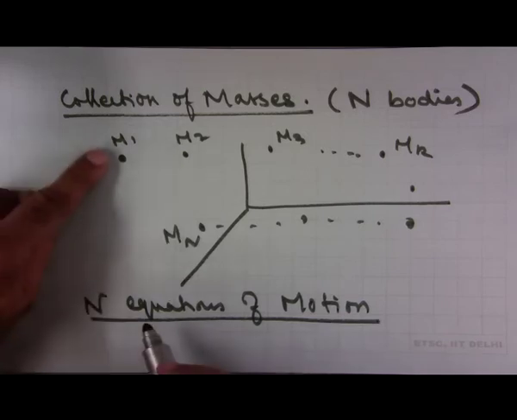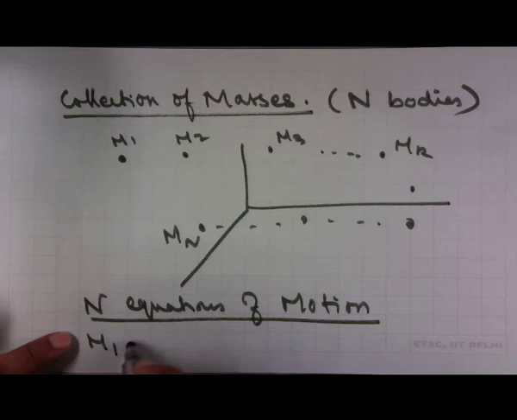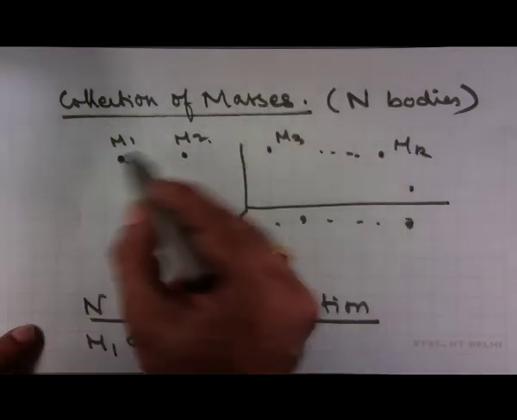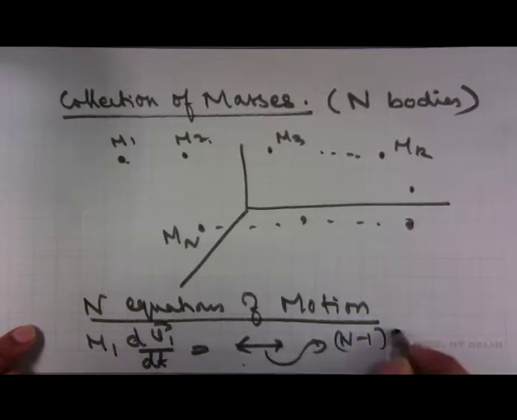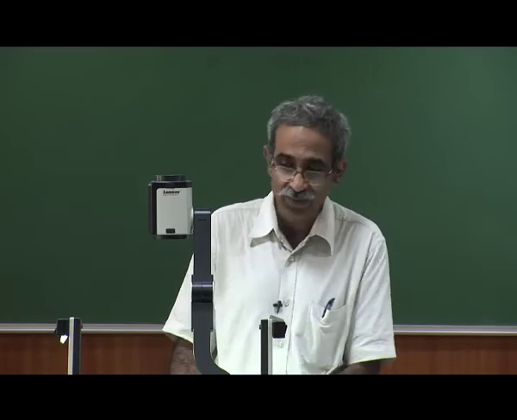So I am interested in M1. So I will write M1 dV1 by dt, that is the force, is equal to minus G M1 M2 by R12 squared, unit vector, M1 M3 etc. And the right hand side will have n minus 1 terms. This is my force equation, n equations with n minus 1 terms.